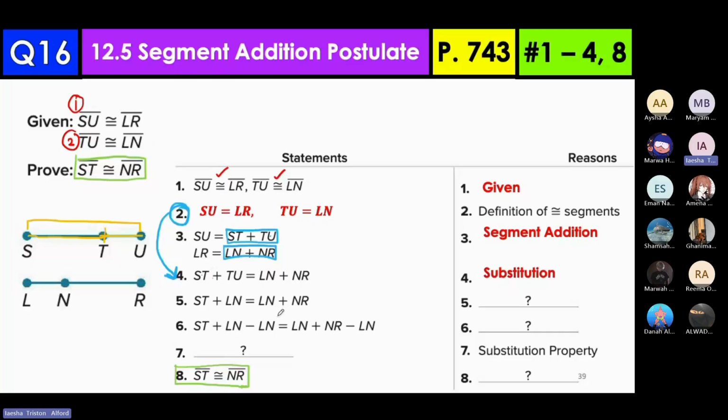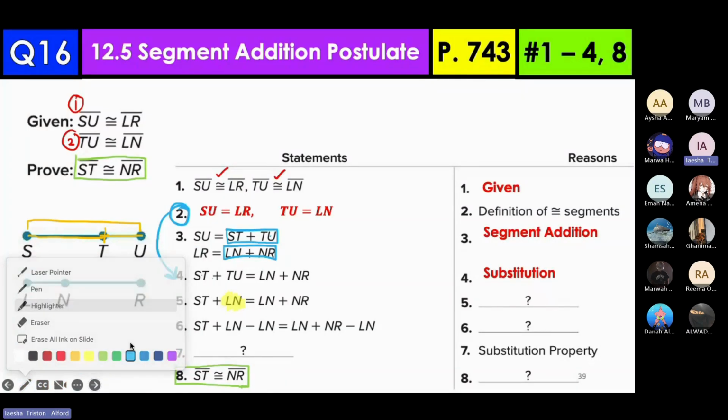Now you have to see line number 5. There's something new, something different, something that changed there. They erased the TU and replaced it with LN. Correct. The new thing is LN.